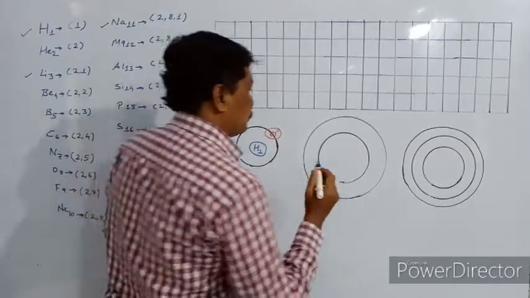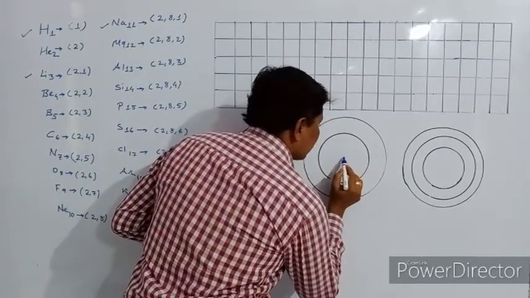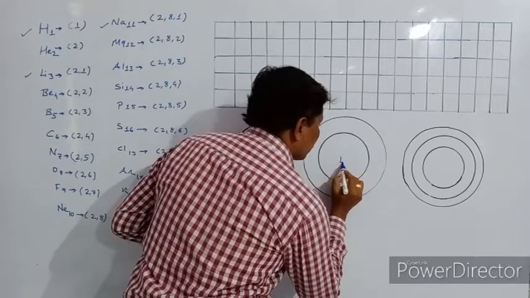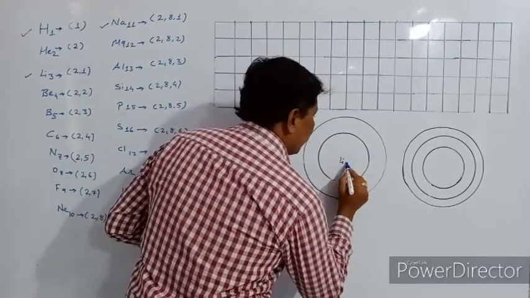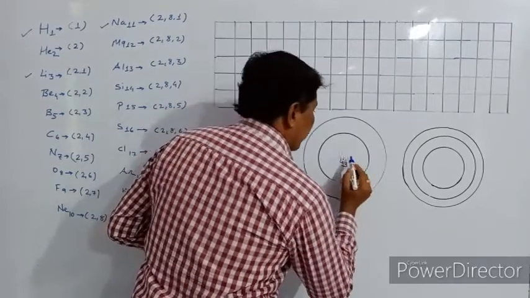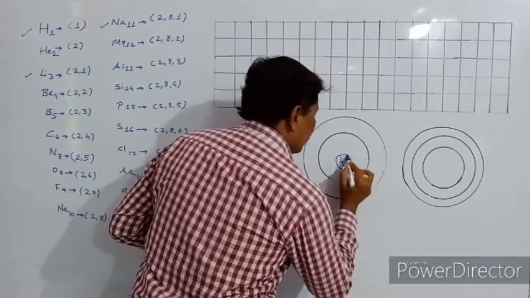Lithium: atomic number 3, number of electrons present 3.